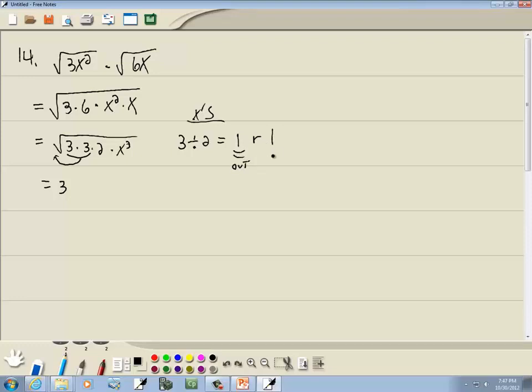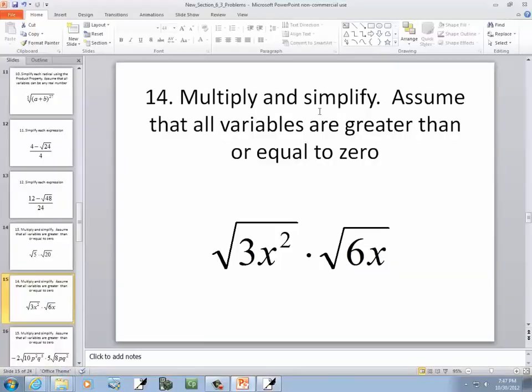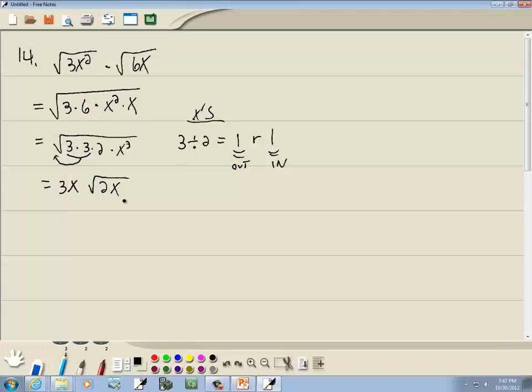This is how many x's come out. This is how many stay in. So we're going to have 1 x come out, and we're left with 1 x inside. Now normally I'd have to worry about the absolute value bars on that, but this says assume that all variables are greater than or equal to 0, so we don't need to worry about that, and that's our answer.